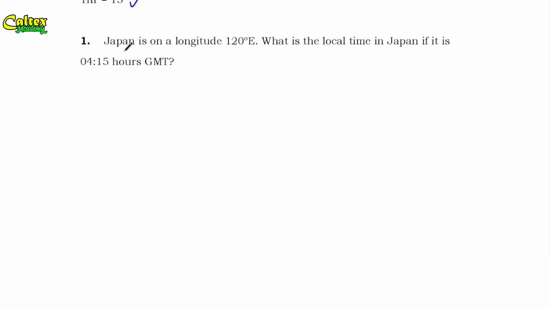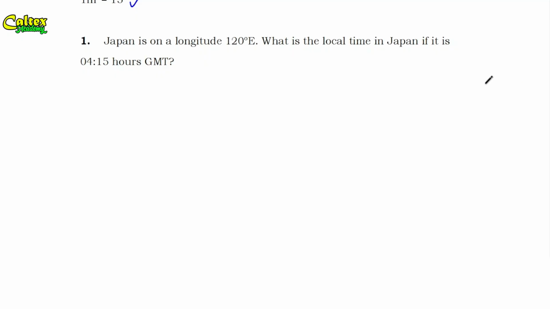So question 1 says, Japan is on a longitude of 120 degrees east. What is the local time in Japan if it is 04:15 hours GMT? So this is easy to deal with.